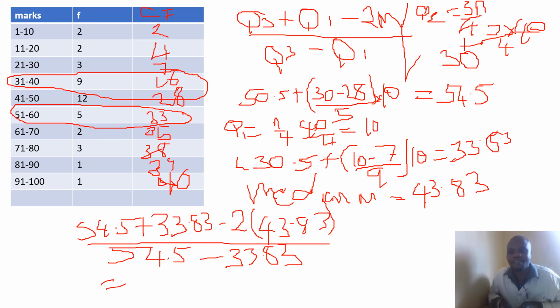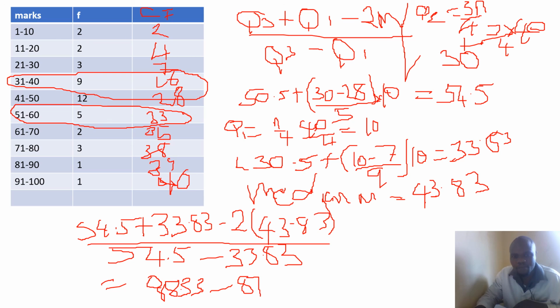Using the calculator we can work it out, and then you'll realize that in this we are going to have our skewness being about, if we add these two we are going to have 88.33, then minus, if we take the other two we are going to have this one being 87.66, and then this one we are going to divide.